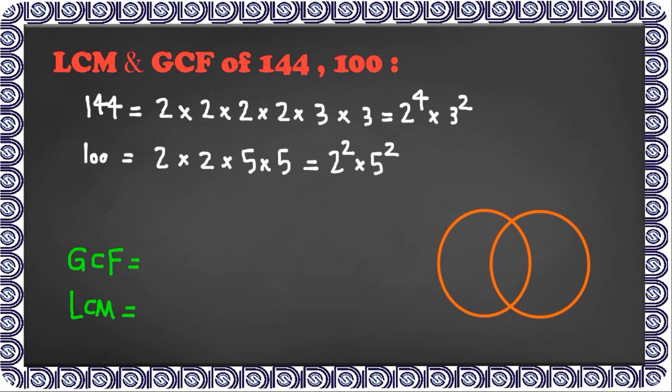In the next step, we're using Venn diagrams. And now we're going to classify all prime numbers. At first, we'll look at any common prime factors, which are 2 and 2. And I'm going to put them in the intersection part of these two circles.